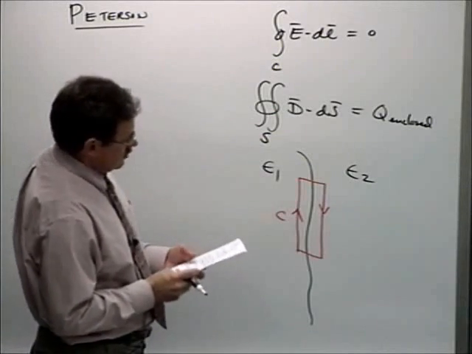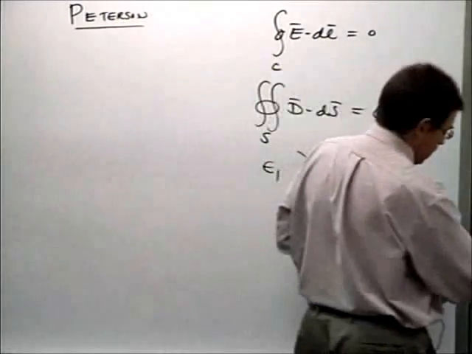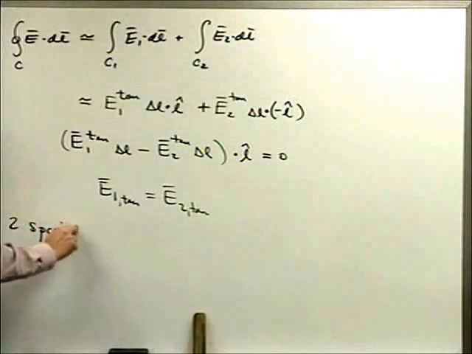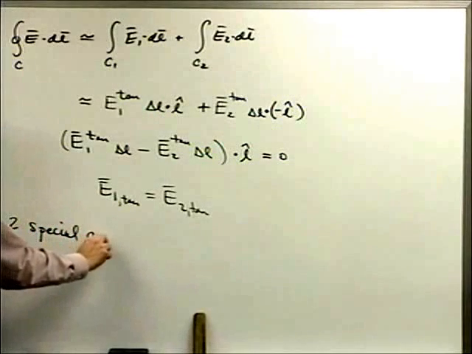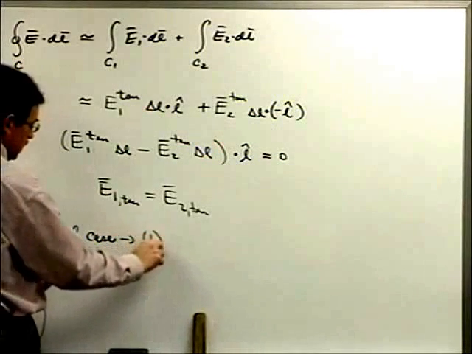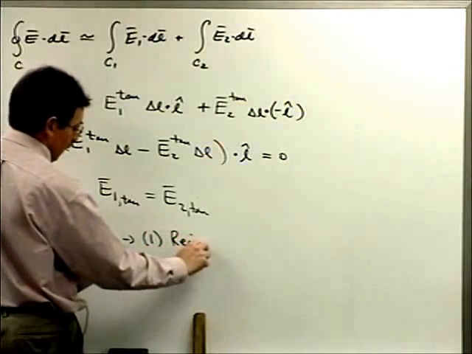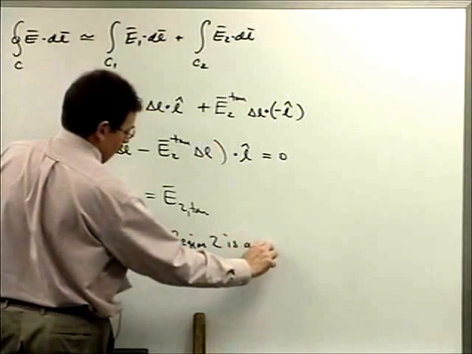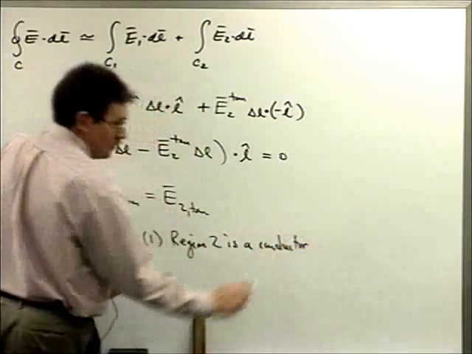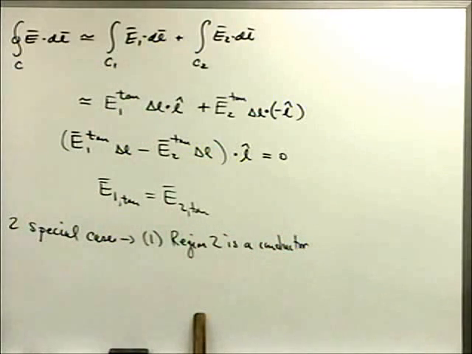Now, we can actually specialize this to two cases. The first case, say, is when region 2 is a conductor. Now, if region 2 is a conductor, what does that tell us about the field in region 2?